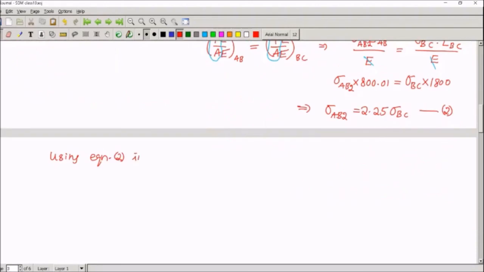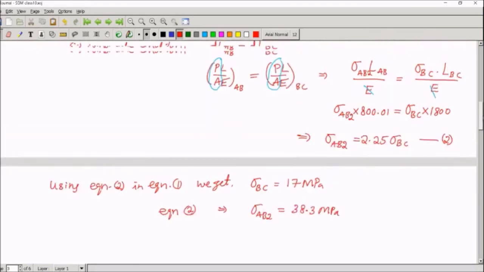Substitute sigma AB2 in terms of sigma BC into equation 1 and simplify, solve for sigma BC. So you will get sigma BC as 17 MPa. And again, this can be substituted into equation 2. Equation 2 will give you sigma AB2, which will be 38.3.